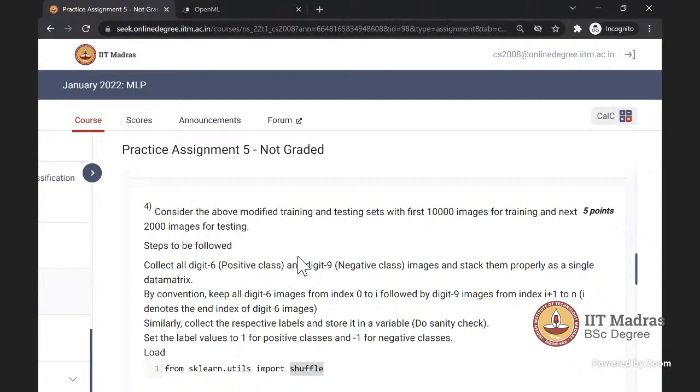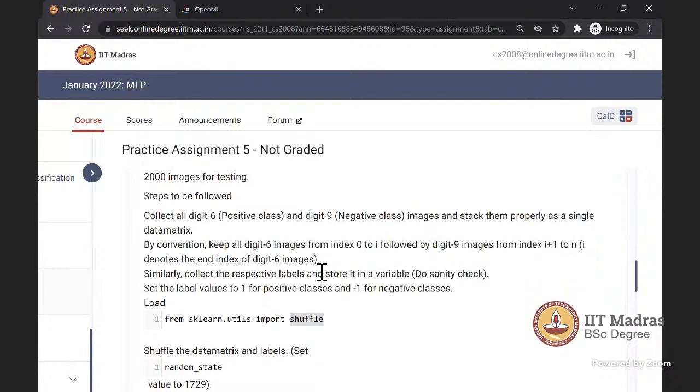So I would suggest you use np.where. Go through the Colab that I displayed earlier in this session. You'll find the exact code, in one line, to give the labels to the 6 and 9 classes.